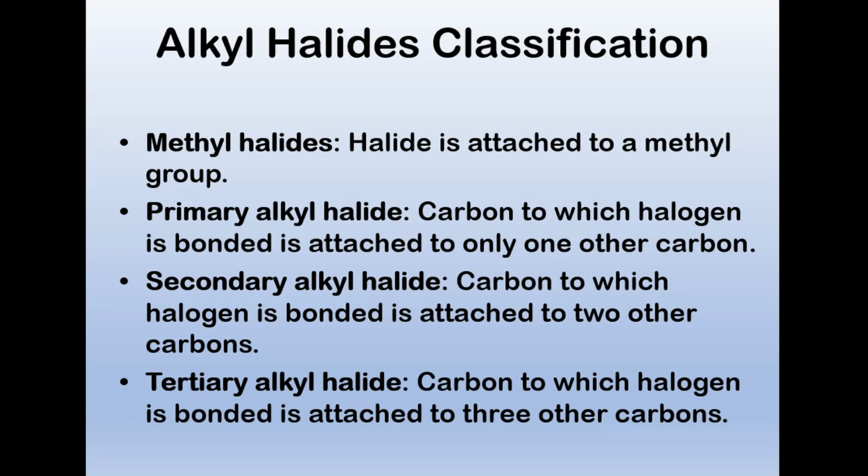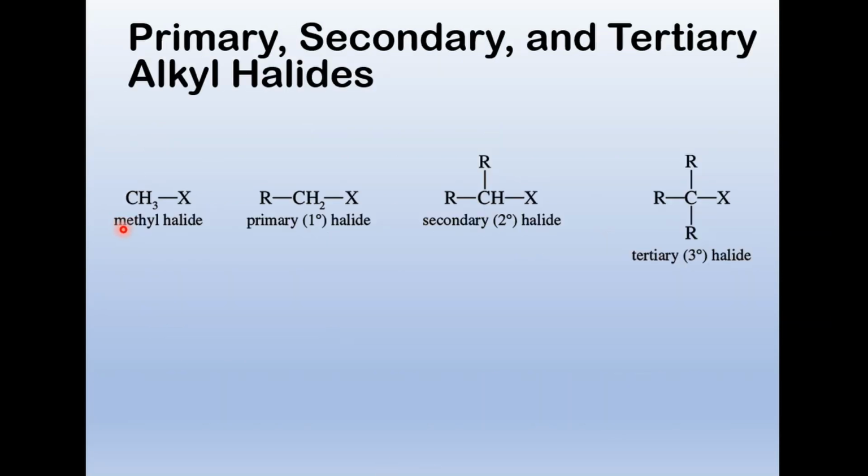Secondary alkyl halide, the carbon to which the halogen is bonded is attached to two other carbons, and a tertiary alkyl halide. So knowing what type of halide you're dealing with is important for predicting what type of substitution and elimination reactions occur. So here's our methyl halide. Here's a primary halide, secondary halide, and this R group could be a big long chain.